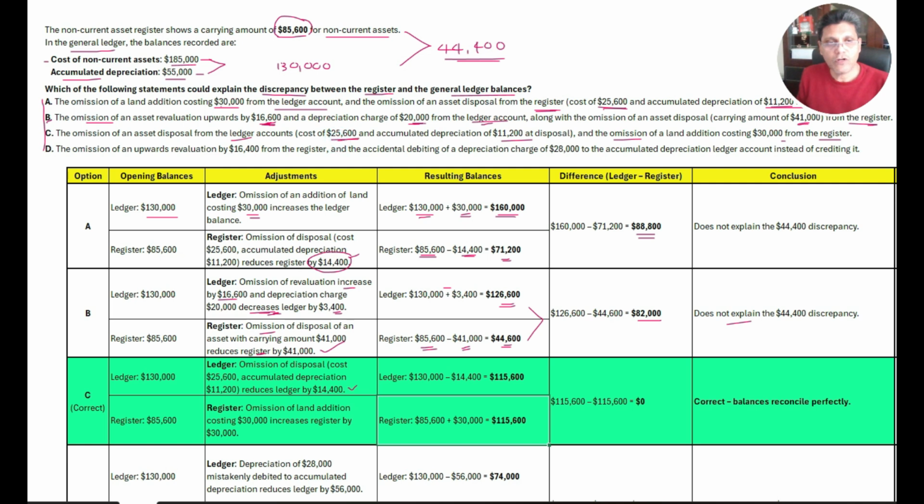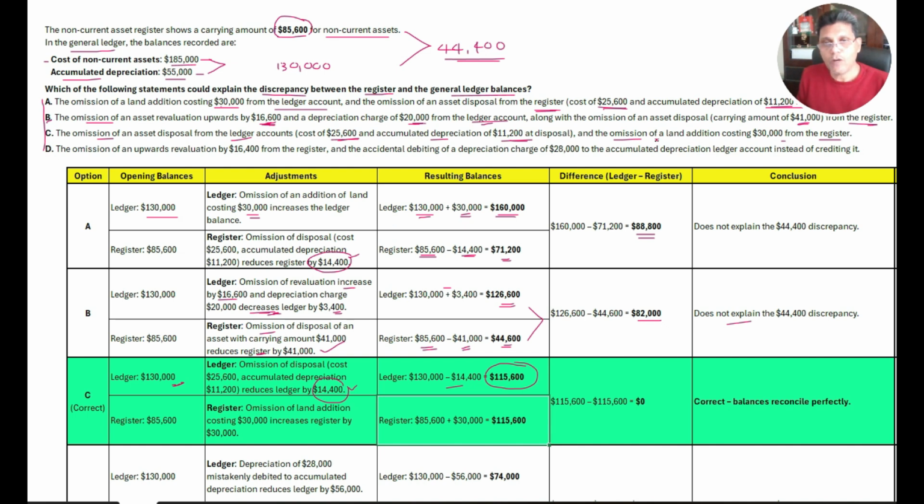If you look at the cost and the accumulated depreciation, the net impact is 14,400. Since this asset disposal was omitted, the ledger balance was overstated by that 14,400. In order to correct this, we need to deduct this 14,400 from 130,000. This will reduce the ledger balance by 14,400, so the adjusted balance will be 115,600.